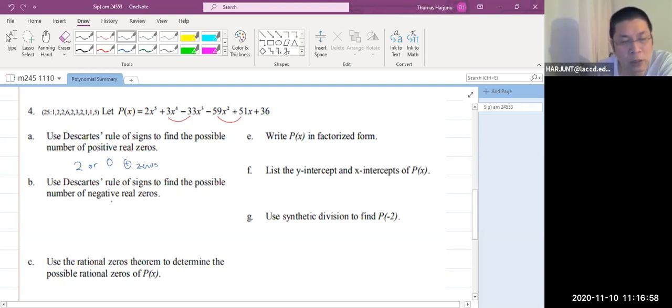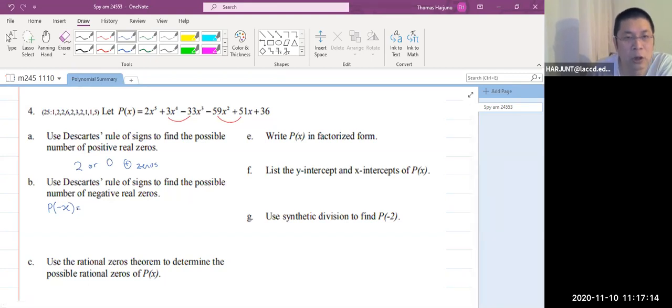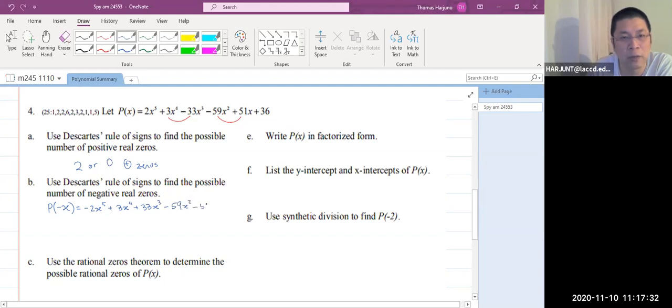Now part B, use Descartes' rule of signs to find the possible number of negative zeros. To find the number of negative zeros, I need to reflect with respect to the y-axis first. So I try to see how the coefficients of p(-x) vary. Okay, so this will be negative 2x to the 5th plus 3x to the 4th plus 33x cubed minus 59x squared minus 51x plus 36.